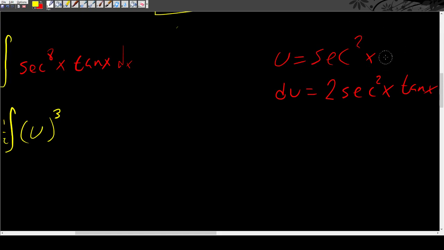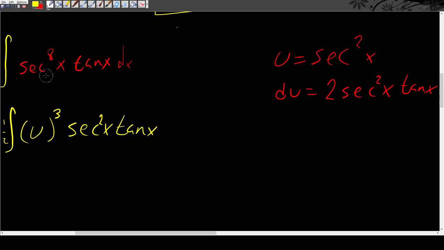And if u is defined as secant squared, how many times can I get it so that if I multiply it by a number, there's only 2 left? 2 times 3 is 6. 8 minus 6 is 2. And we need secant squared. So hopefully I didn't make that not make sense for you. I'm just going to write it in terms of x as well, even though this isn't normally how you would write it, just because I want to explain this. So that's essentially what we have left.